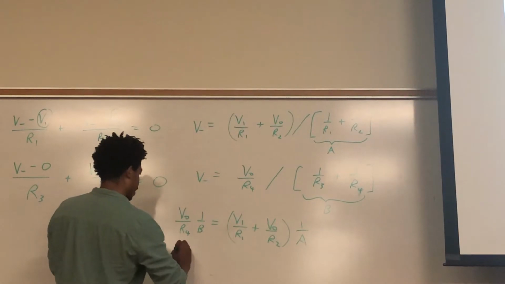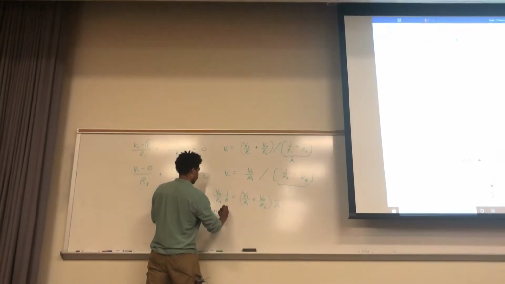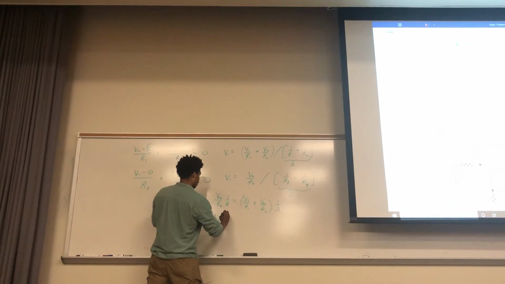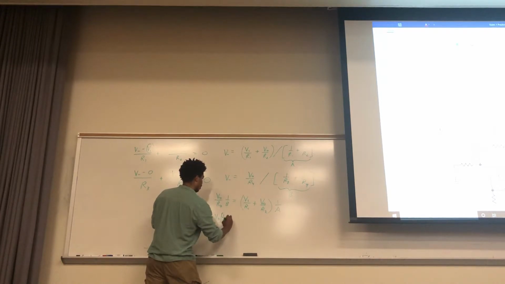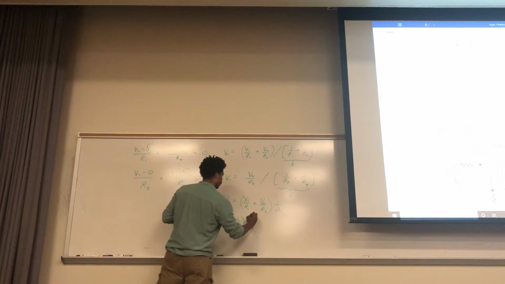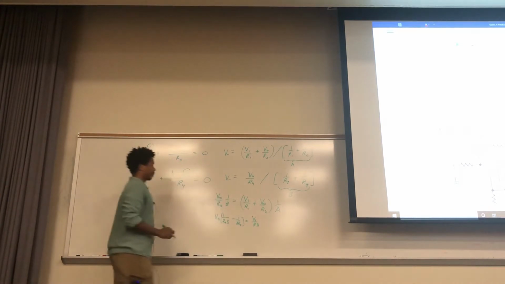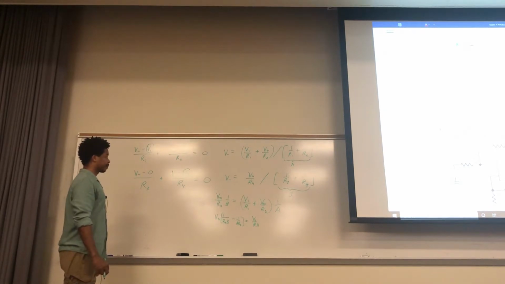So we're going to have these two together. So let's put this together right here. That's R4 over B minus A R2 equals V1 over R1A. Hopefully my math is right.